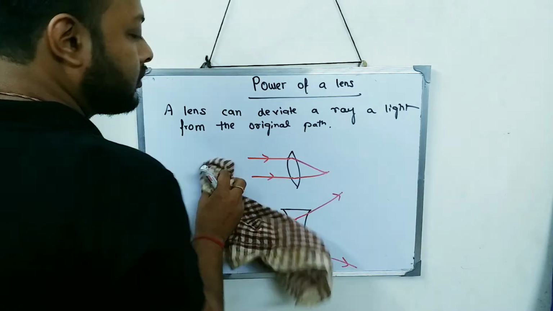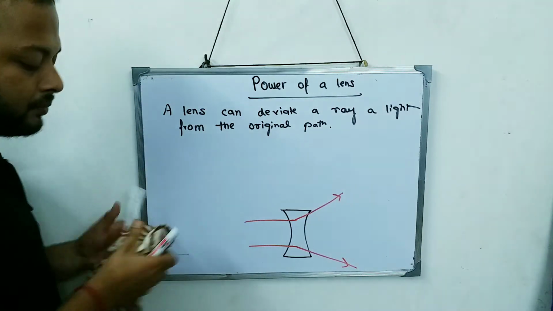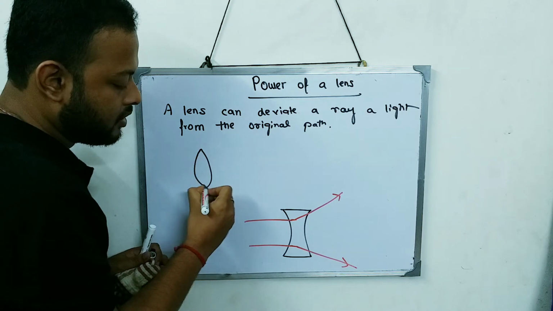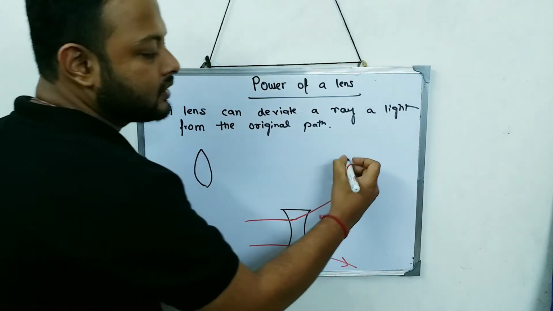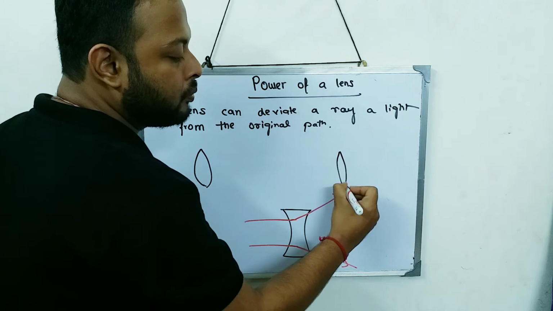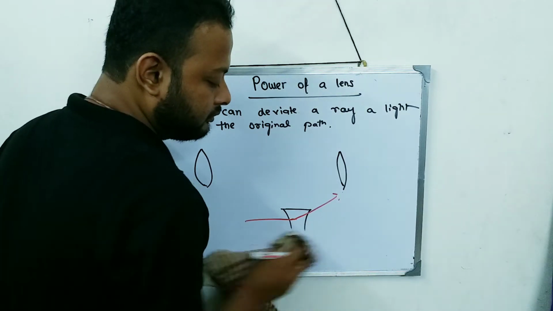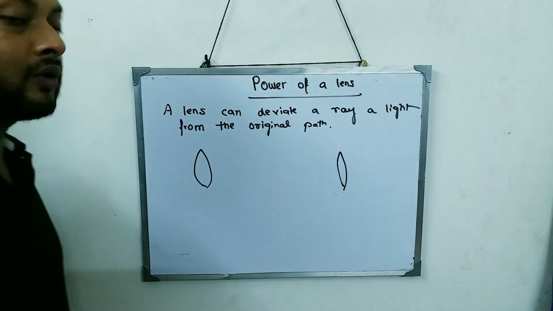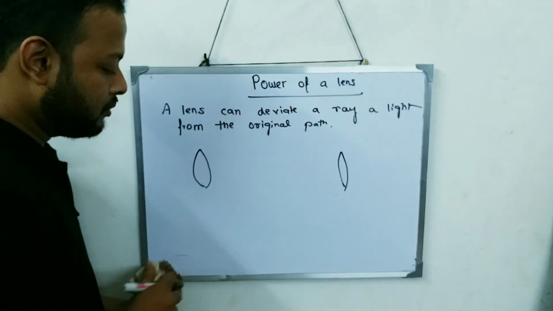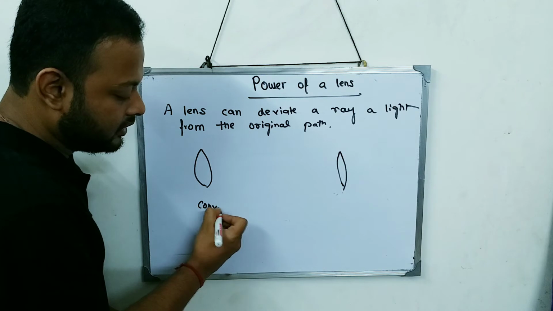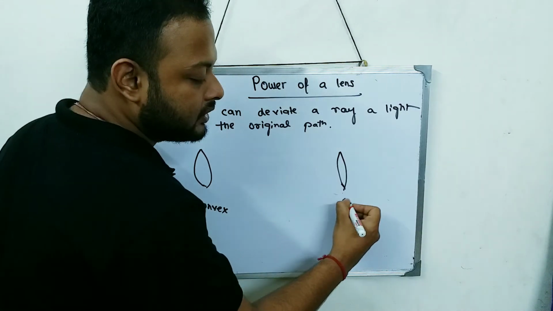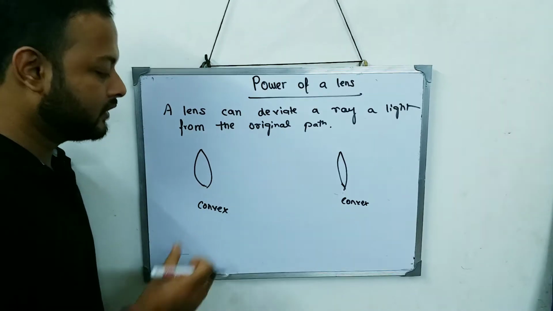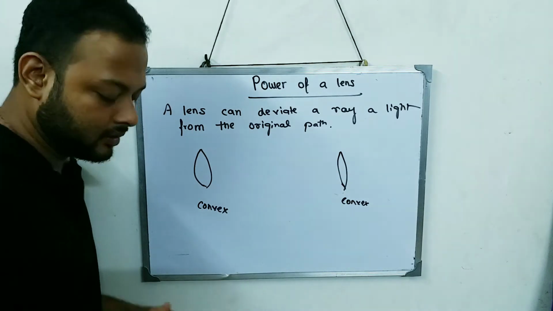Suppose I take a lens like this, and suppose I take a lens like this. Both, you can see, are convex lenses. But if you see, the thicknesses are not the same. This is a little thicker, this is a little thinner.